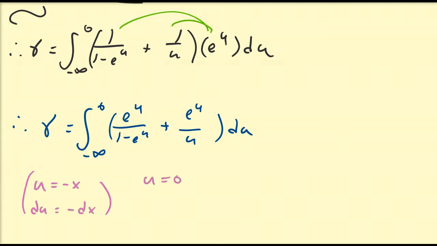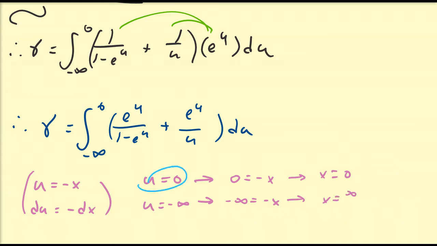When u is equal to 0, and as u goes to negative infinity, what do we have? We have the equations 0 is equal to minus x and minus infinity is equal to minus x. So we get that x must go to 0 and x must go to positive infinity. So our limits from minus infinity to 0 are going to go from infinity to 0.